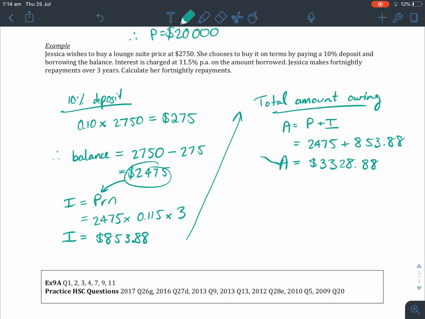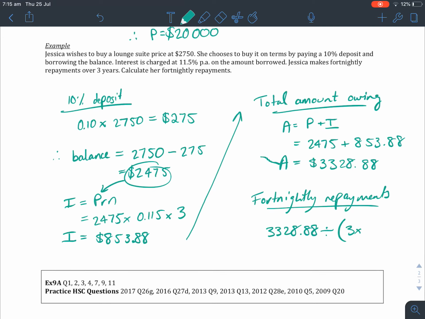All right, now the final part of the question says calculate her fortnightly repayments. Well, that's how much she has to pay back in total over 3 years. So fortnightly repayments: 3328.88, and then we need to divide it by the amount of fortnights in 3 years.